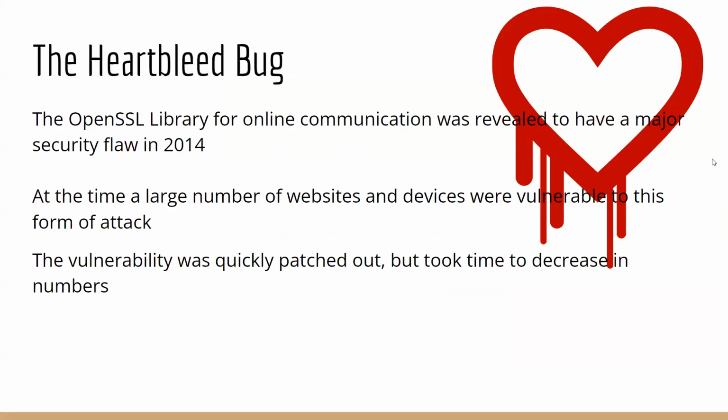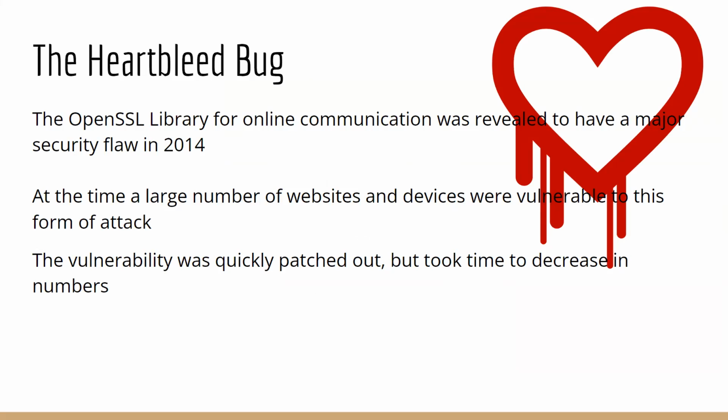Heartbleed was a bug that was disclosed in 2014, but may have been prevalent all the way back till 2012, and was around for quite a few years and may still be in existence to a certain extent. It was because the OpenSSL library for online communication had a major security flaw in it that was able to be exploited fairly simply.